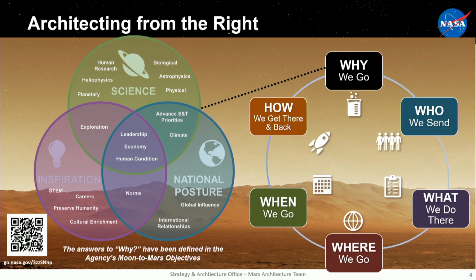So within the Strategy and Architecture Office, our job and what we're doing right now is decomposing those objectives into both characteristics and needs, and then use cases and functions that the architecture needs to meet in order to satisfy these objectives. And science, I know, is a big pillar of it, and we are engaging with the scientific community.